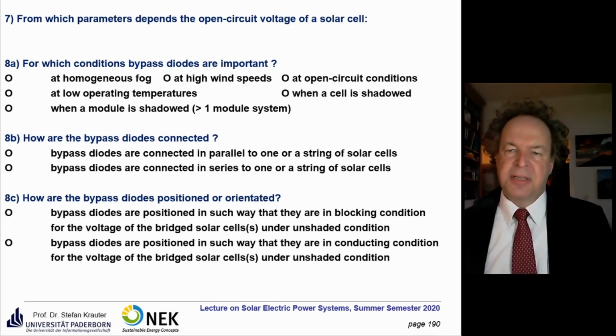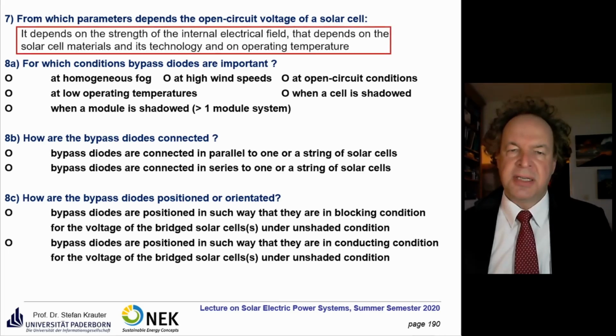So this depends on the solar cell technology, and also, as you learned, the voltage is reduced due to higher temperature. It certainly depends on the operation temperature. So the correct answer here is it depends on the strength of the internal electrical field. That depends on the solar cell materials and its technology and on the operating temperature.